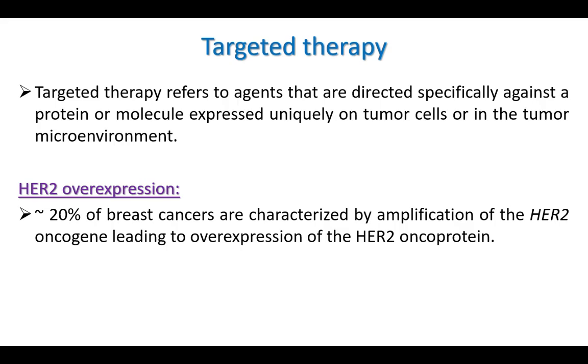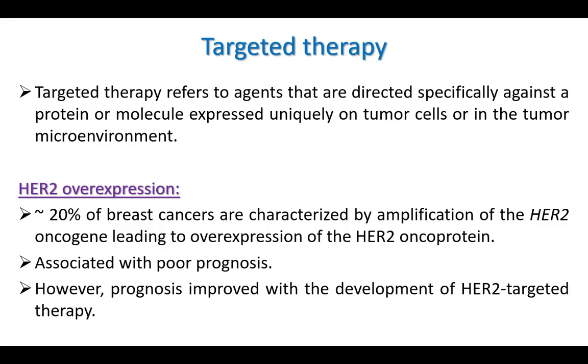There is HER1 as well, this is HER2, and HER3 as well. So 20% of breast cancers have amplification of the HER2 oncogene, and it plays a role in the growth of the tumor. Usually the presence of this means the tumor is growing more and it's a poor prognosis sign. But now we have targeted therapy, so that improves the prognosis.